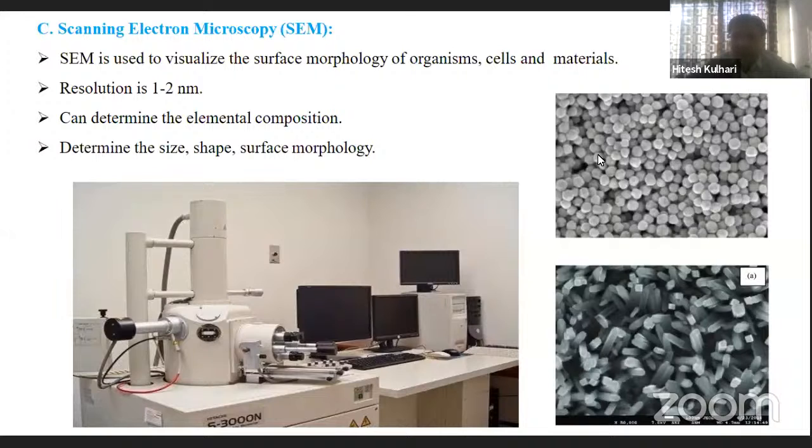We can determine the size of these particles, but more important is that we can also see the particles, so we can determine the shape of the particle. Here the nanoparticles mostly look spherical in shape, and here is an example of nanorods. So whether the particles are spheres or nanorods or cubic in shape, we can characterize their morphology using SEM analysis.